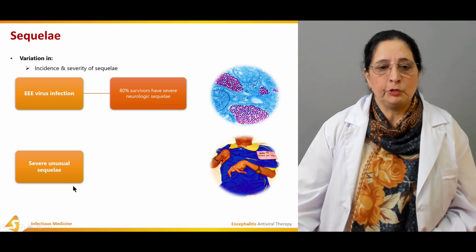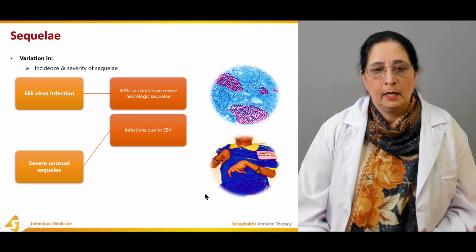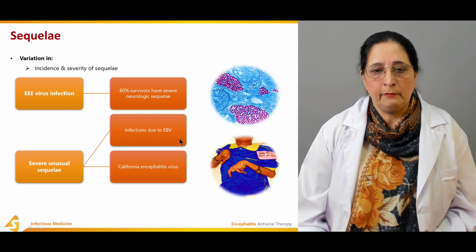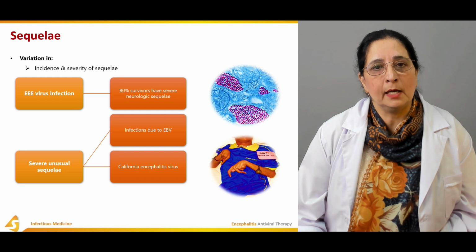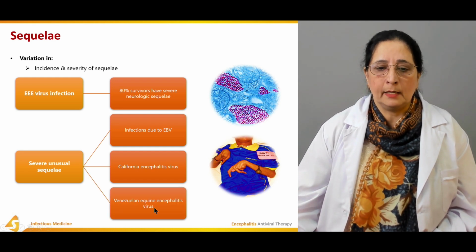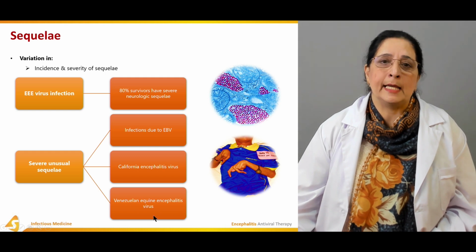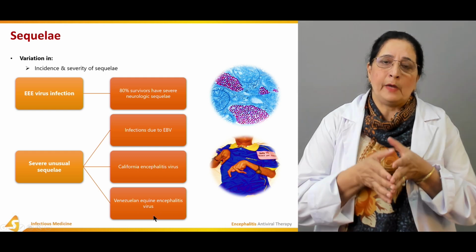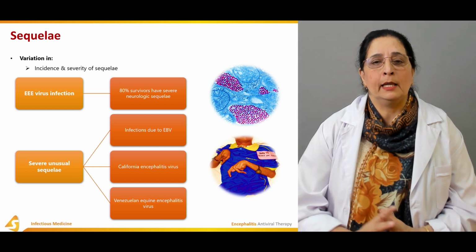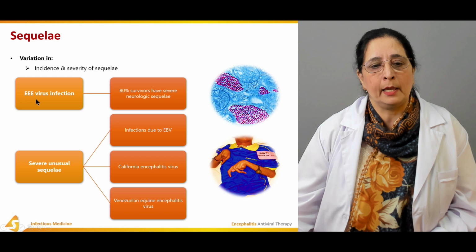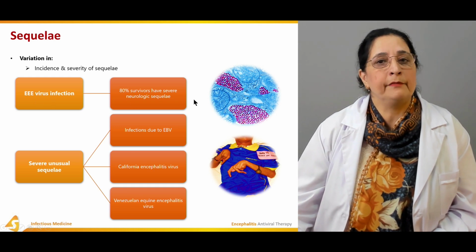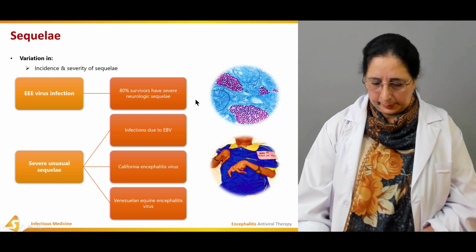Severe unusual sequelae occur due to EBV infection, California encephalitis virus, and Venezuelan equine encephalitis virus. So with these viruses, severe sequelae occur, and with Eastern equine encephalitis virus, 80% have severe neurological sequelae.